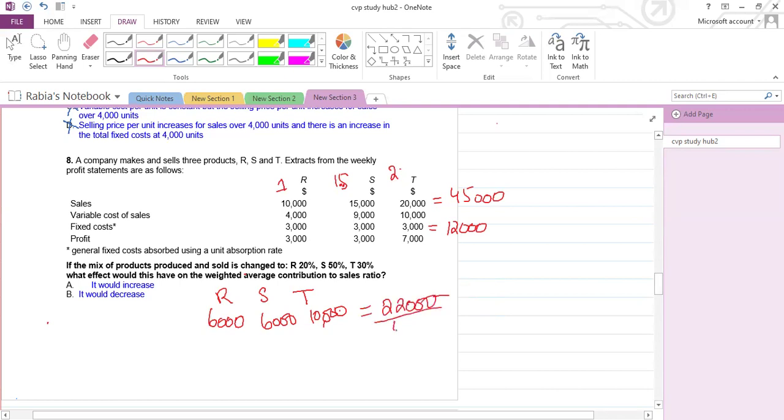Total contribution divided by total sales, that is 45,000. Your CS ratio is 0.4888. This is your weighted average CS ratio.